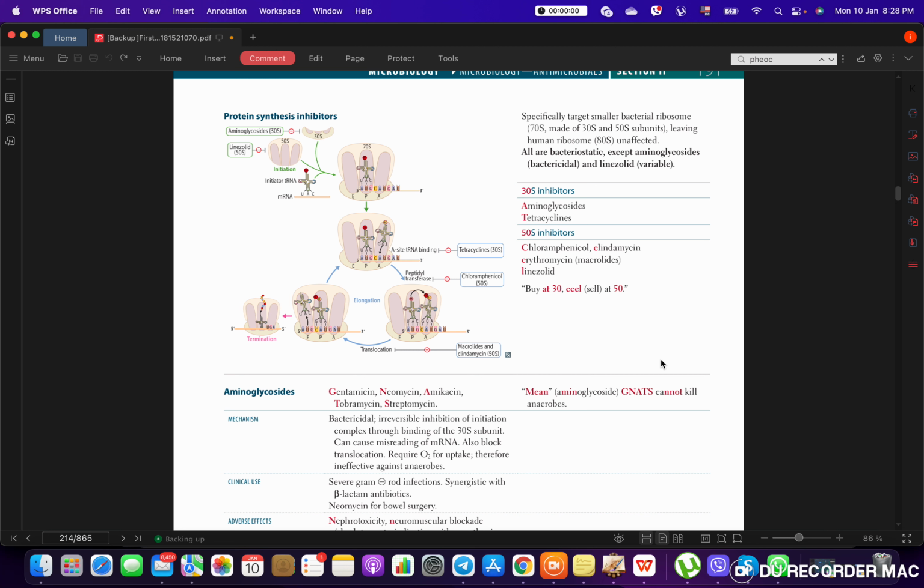What do we call the process of converting RNA into protein? Translation. And what do we call the process of converting DNA to protein? I mean both transcription and translation. Yes, we call it gene expression. Absolutely correct.